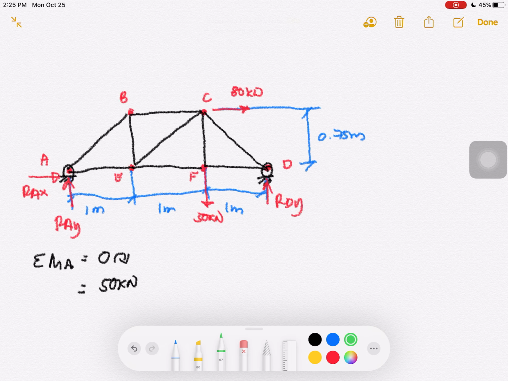And its perpendicular distance is 1 plus 1, 2. So, we have 2 meters. This one is clockwise. The next one is the 80.